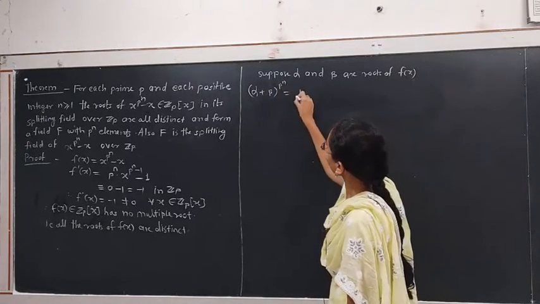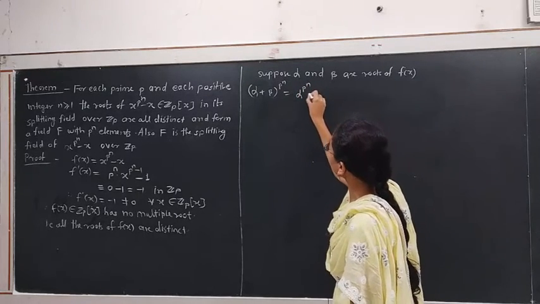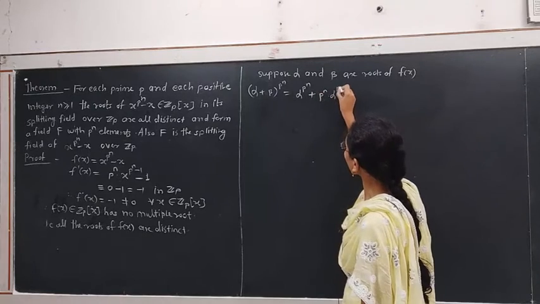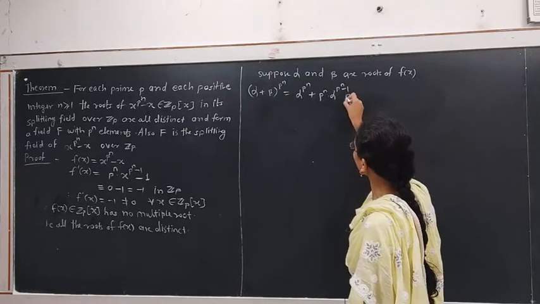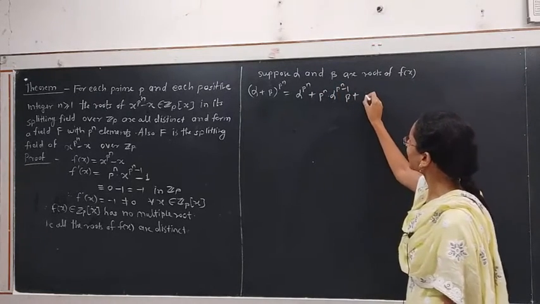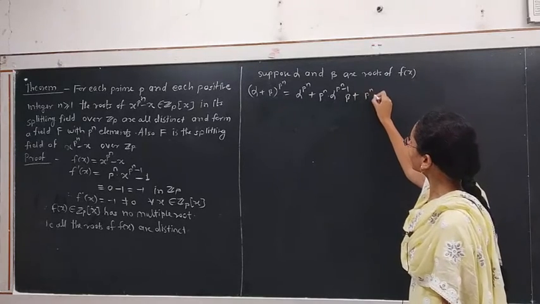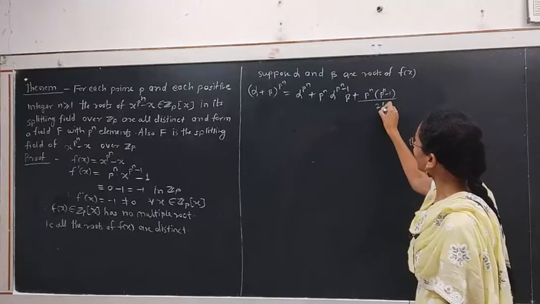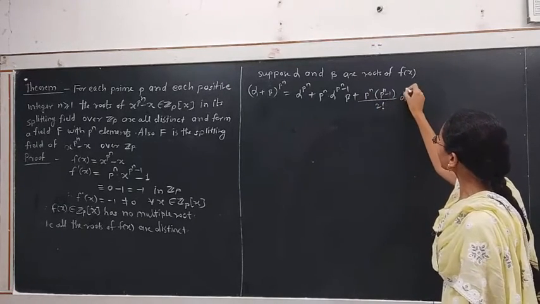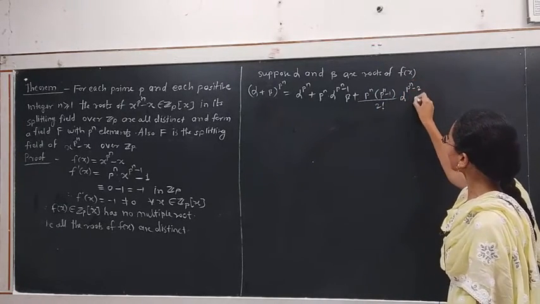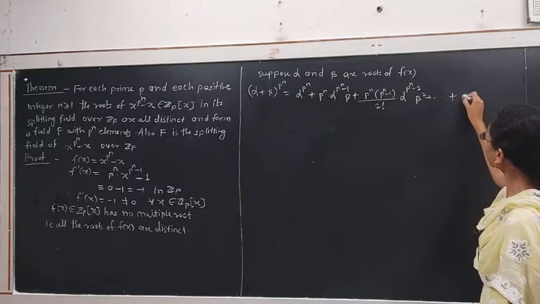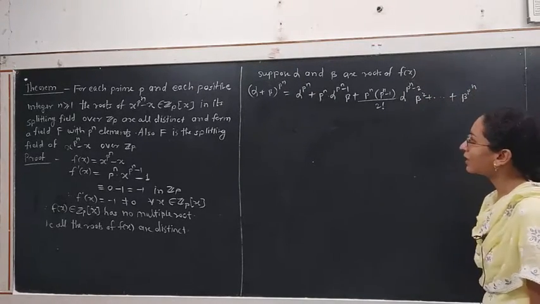This is equal to alpha^(p^n) plus p^n times alpha^(p^n minus 1) beta plus p^n (p^n minus 1) upon 2 factorial times alpha^(p^n minus 2) beta squared, and so on up to beta^(p^n).